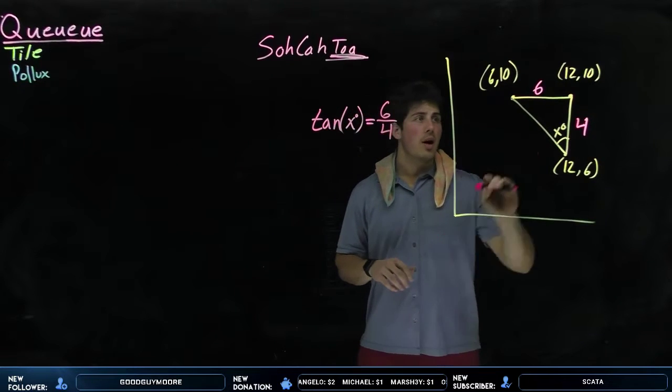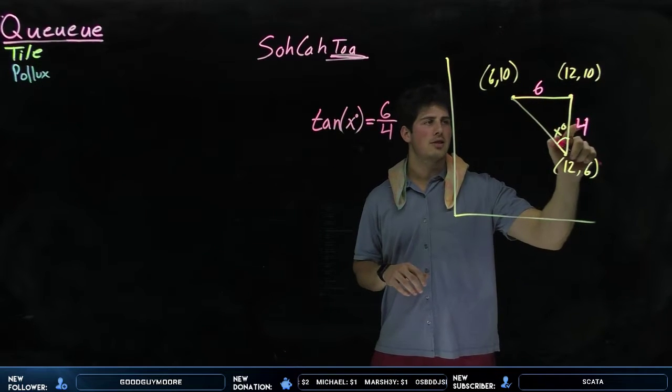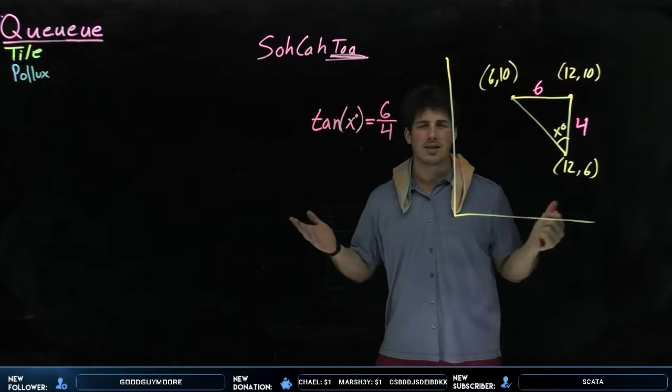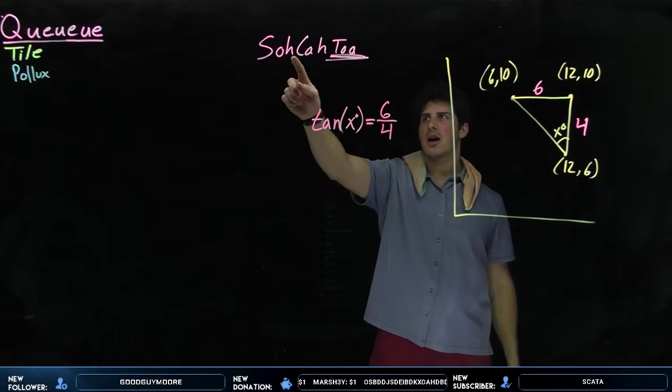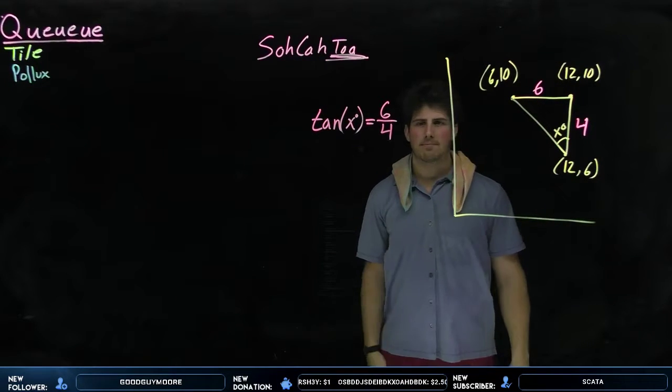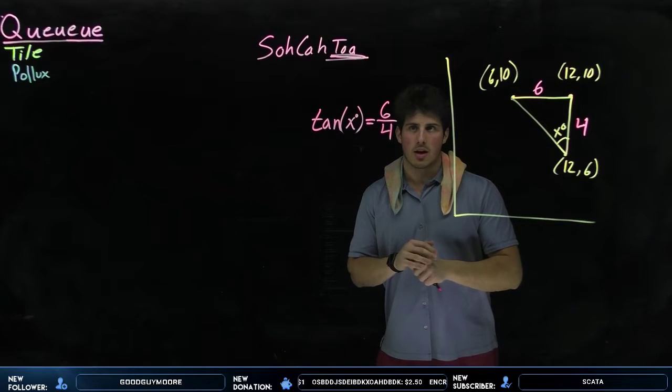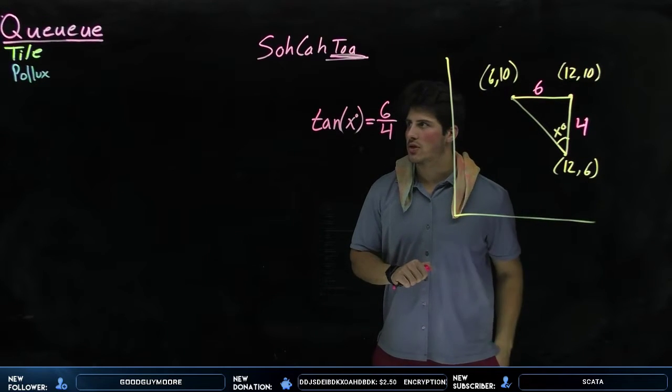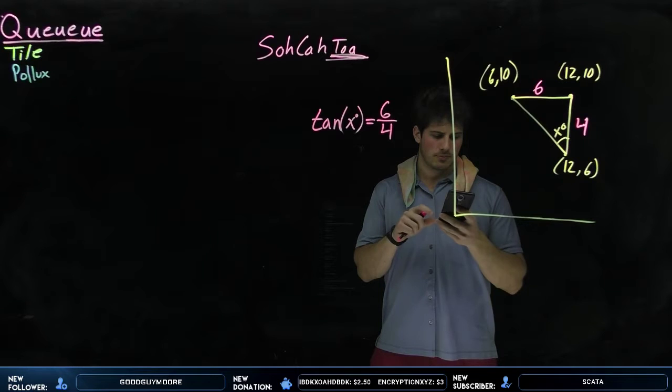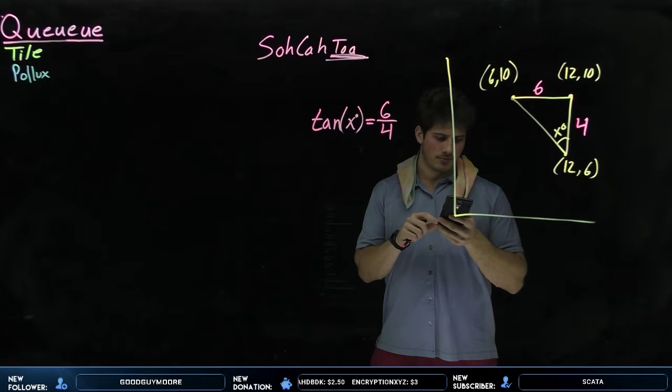The opposite's the easy one. You know the adjacent has to be 4 and not whatever this value is, because this is the hypotenuse, and we have a different way of representing that. And 6 over 4, I believe, just is the answer.